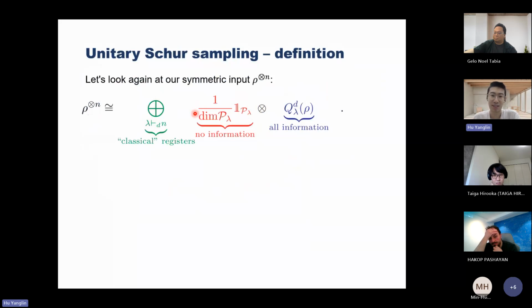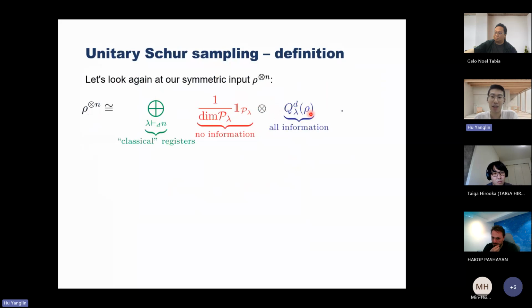P lambda subspace, that is the irrep for the permutation group, tensor product the irrep for the unitary group, the general linear group.